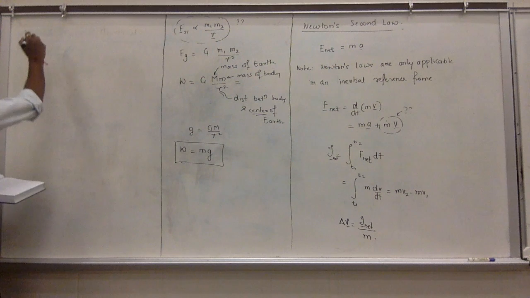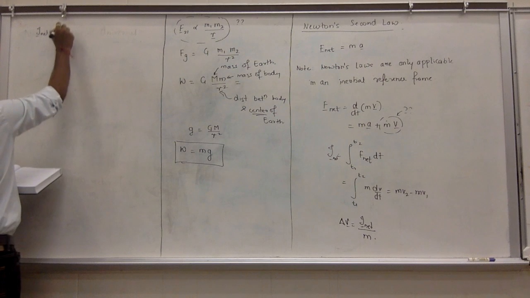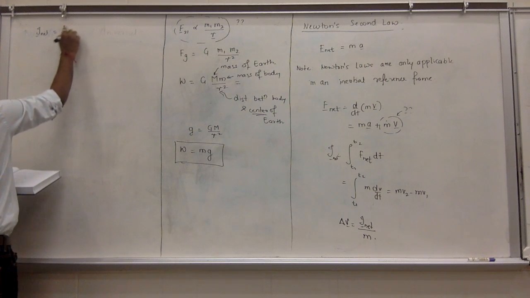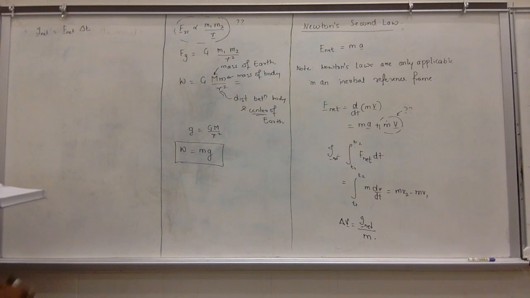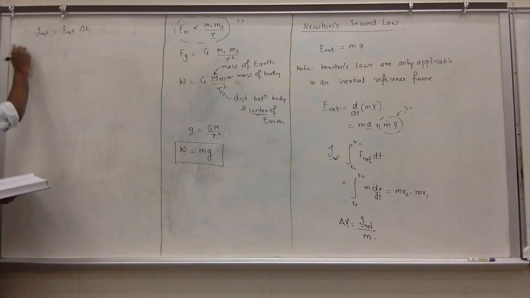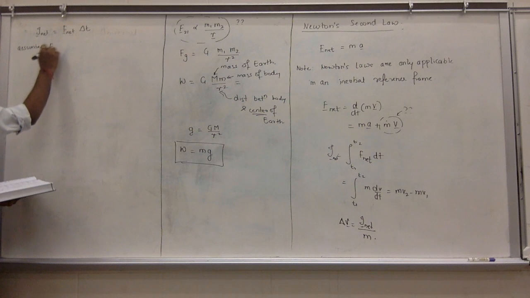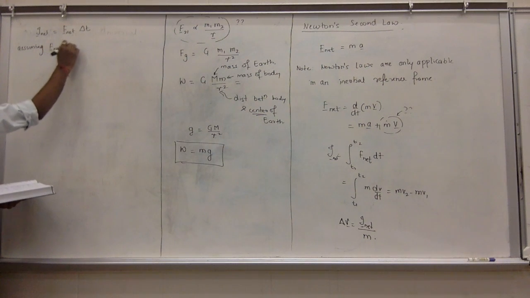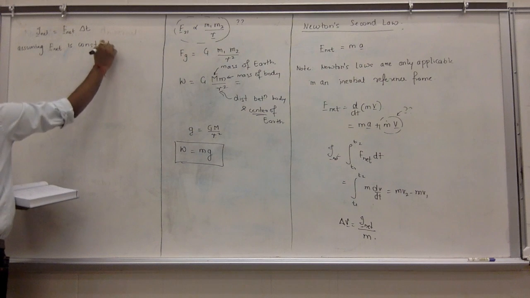So impulse, in other words, is simply this. Okay, assuming F net is constant.